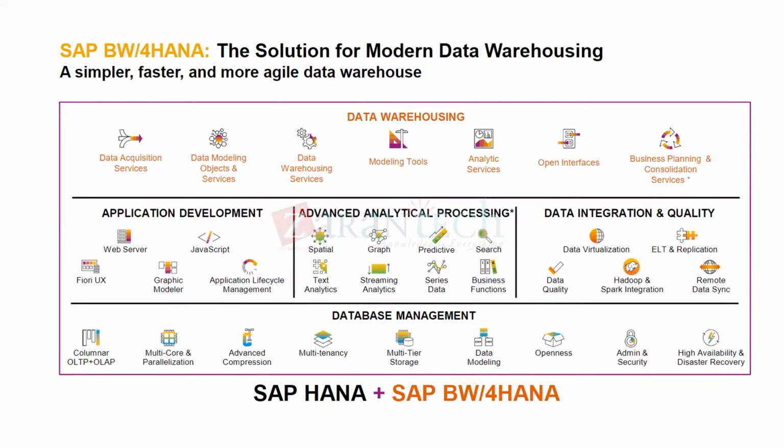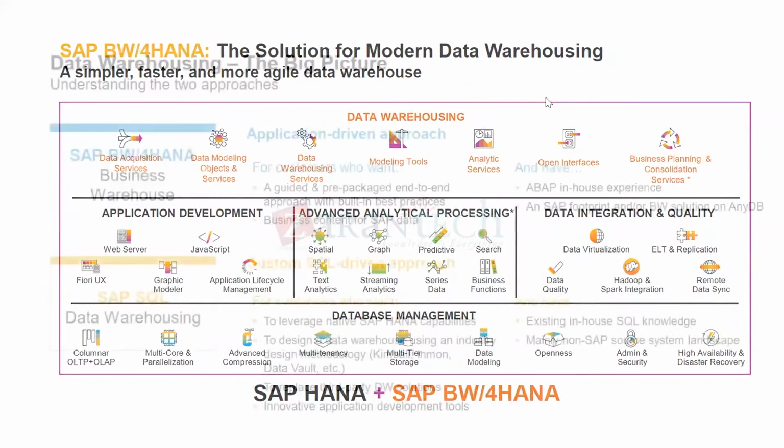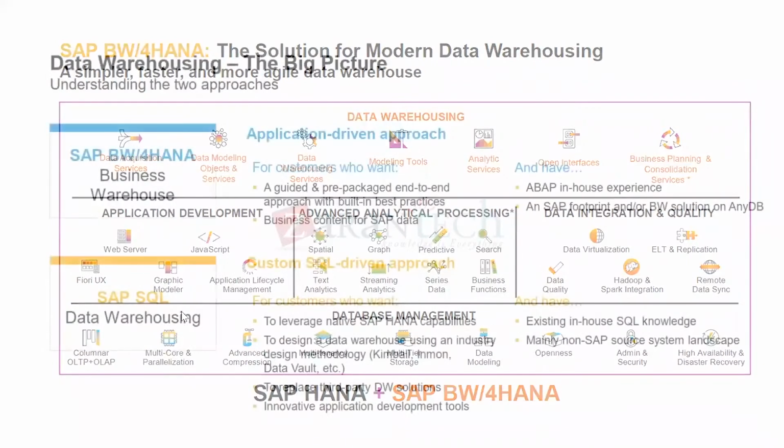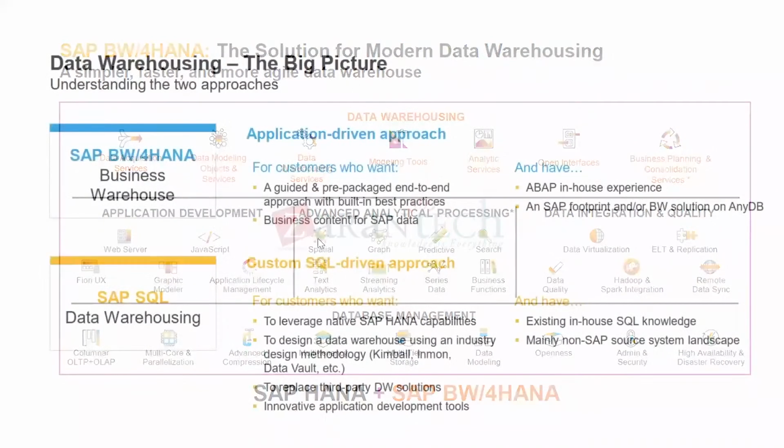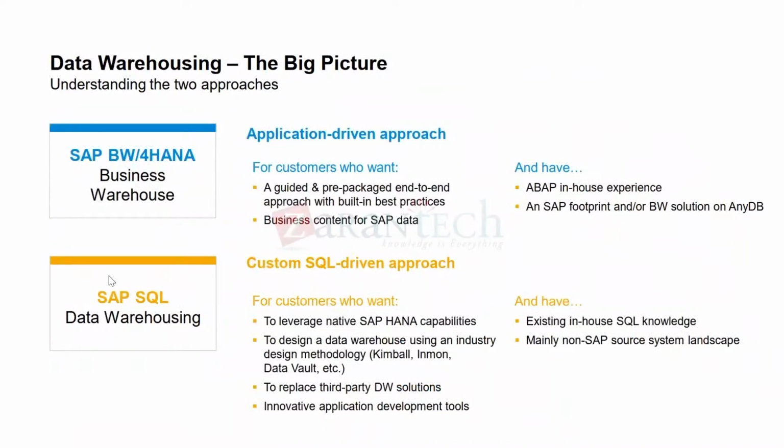So in short, it's a very powerful tool. It can do lots of activities with regards to bringing the data, storing the data, and exposing the data for consumption. Again, SAP mentioned that you use and leverage SQL for HANA based activities. You use BW for HANA for this.